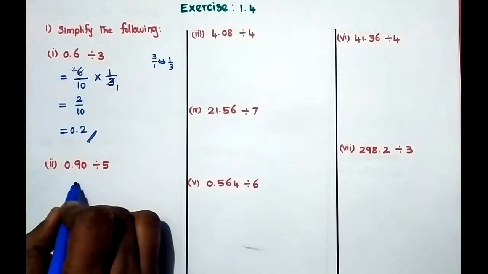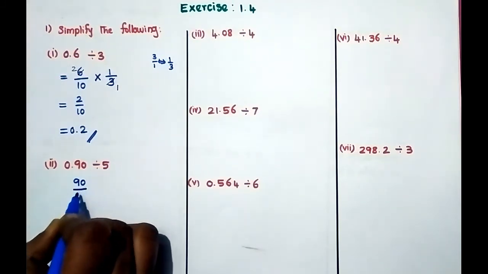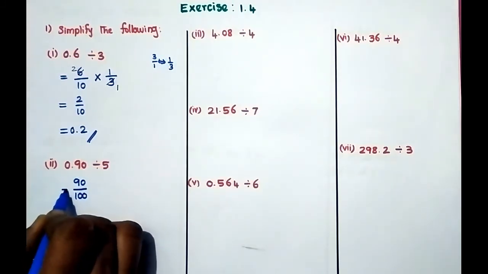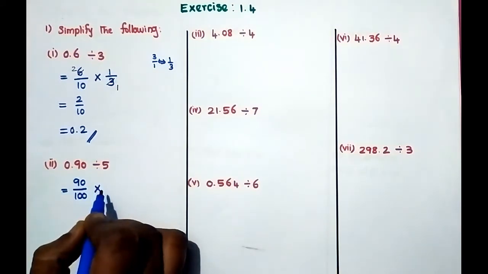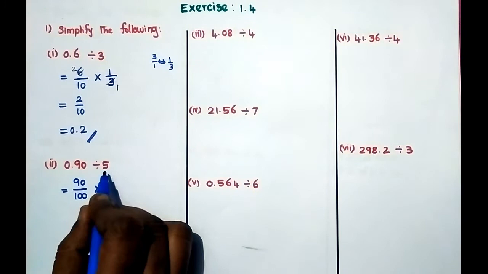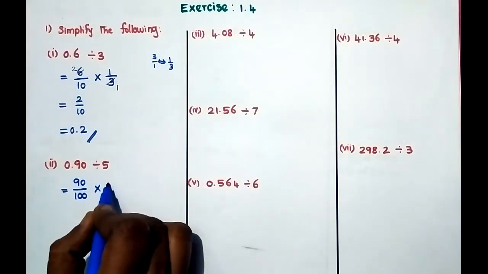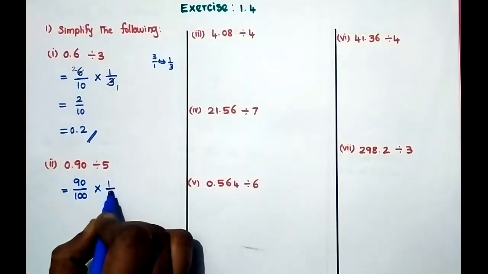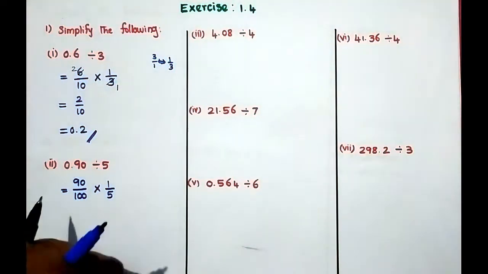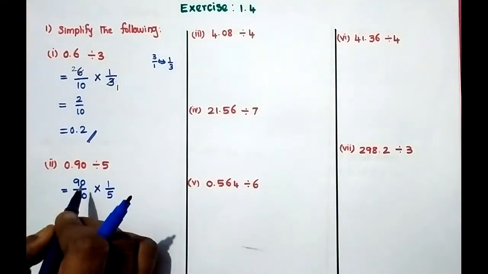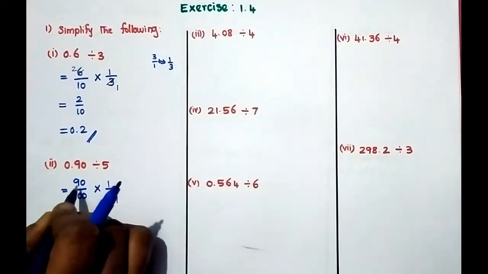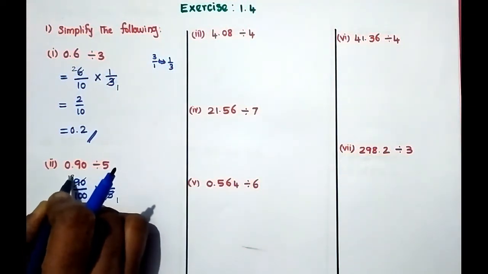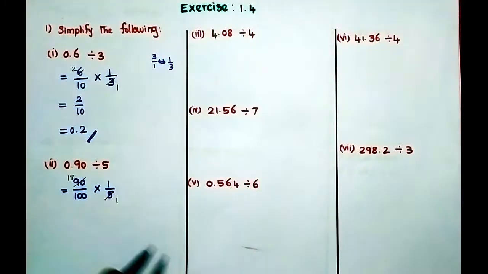Next one, 0.90 divided by 5. Write down in fraction, 90 divided by 100. Change into multiplication. What is the condition? Take the reciprocal for that. 5 means we get 1 by 5. Here 90 is cancelled by the 5 table. 1 5 is 5. 18 5s are 90.